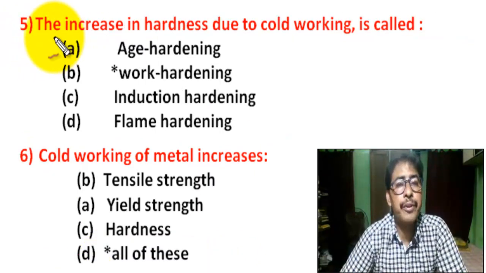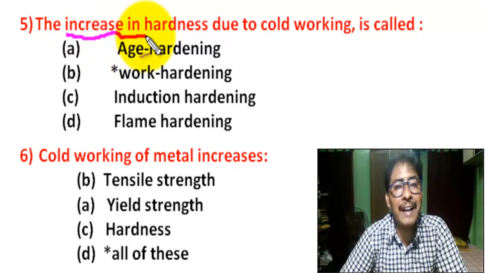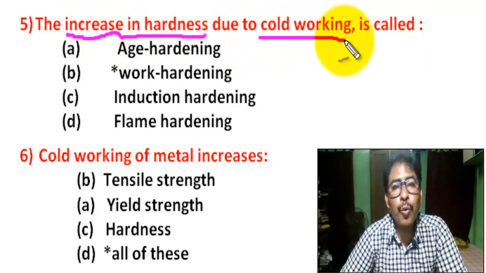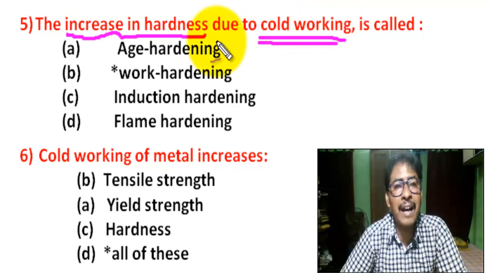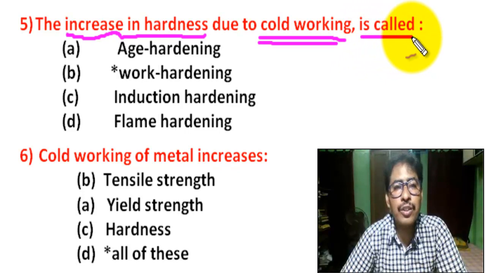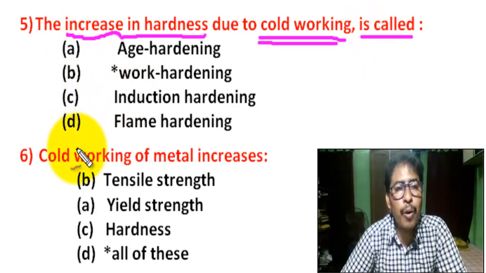Question number 5. The increase in hardness due to cold working is called, there are 4 options. Correct answer is B, work hardening.